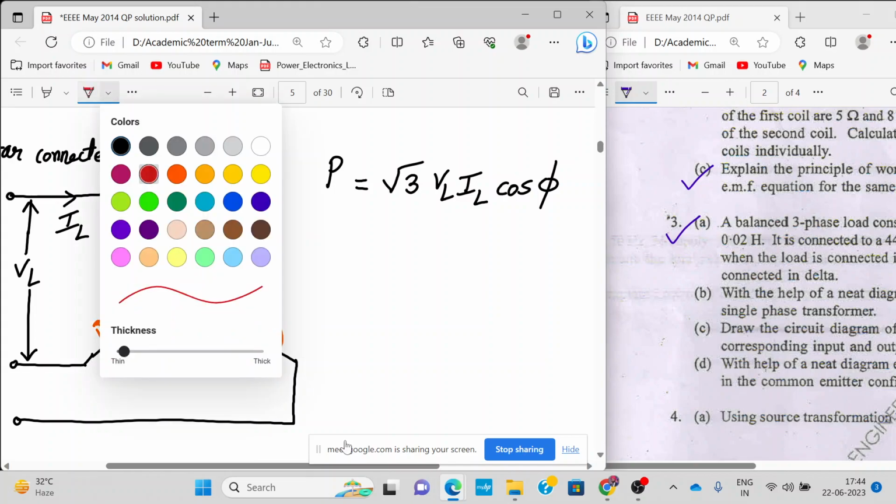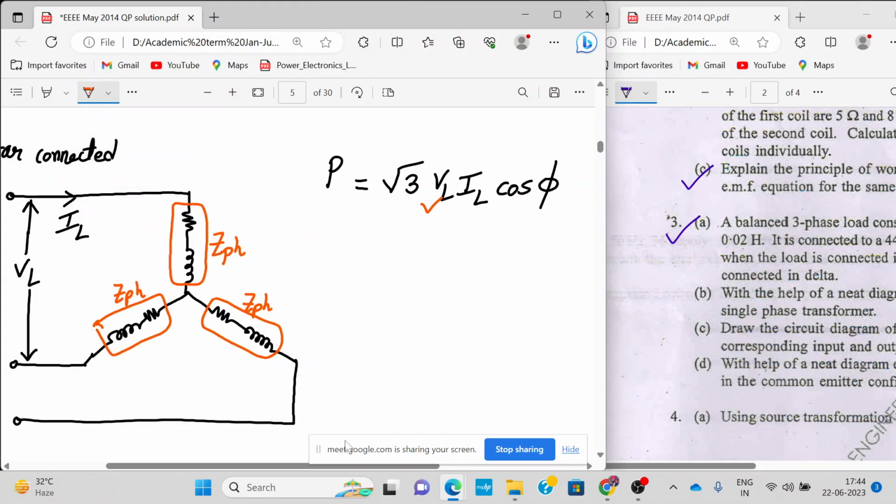IL is not known to us, and cos phi is not known to us, and we have to find out this. So two unknowns are there, we'll find IL and cos phi, and then we can easily find the value of active power consumed. So this is the active power.